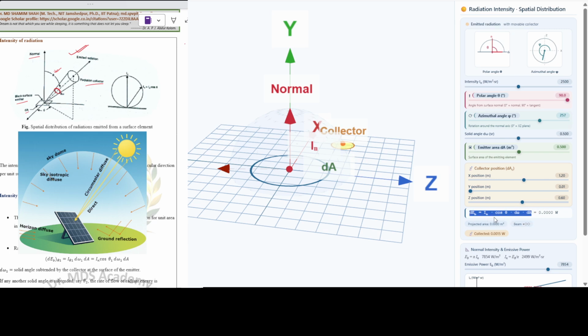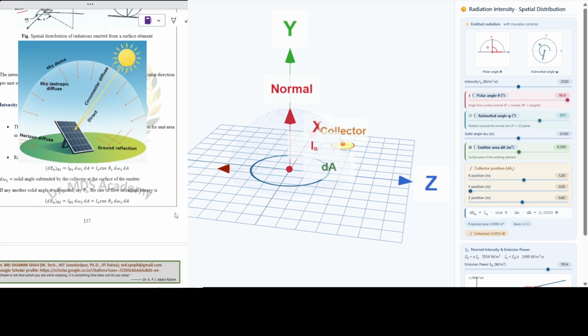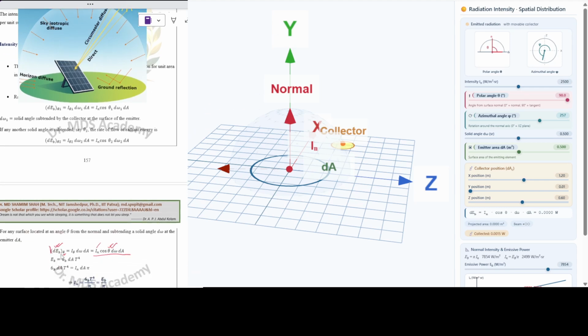In cos theta d omega dA, as already seen, dEB is directly proportional to cos theta. The same is presented over here. When theta is 90 degrees, cos 90 is 0, so 0 watt of emissive power energy will be delivered in this direction.